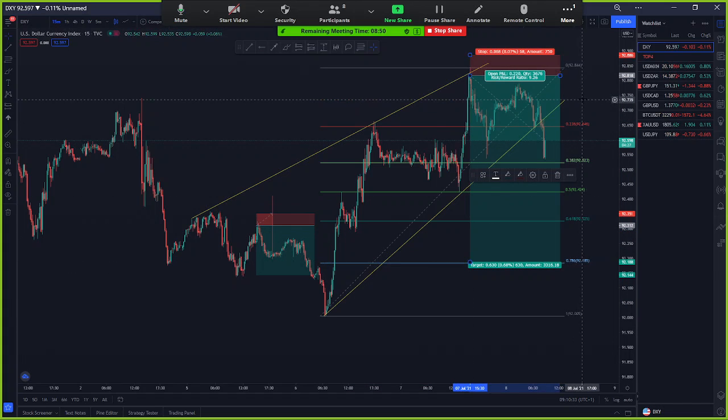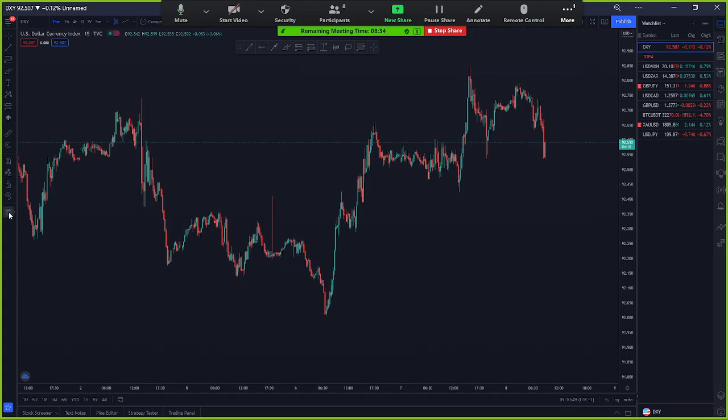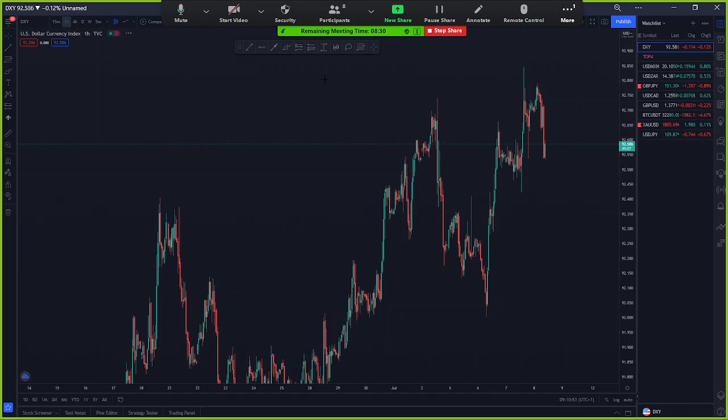And our risk to reward is, you usually have high risk to reward with setups like this. Impressively high risk to reward. So I'm going to clean everything we have on this dollar index, and we'll go over to the 1 hour.